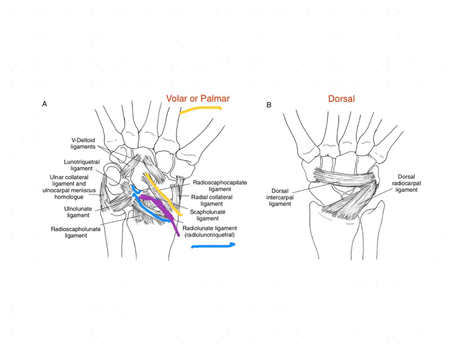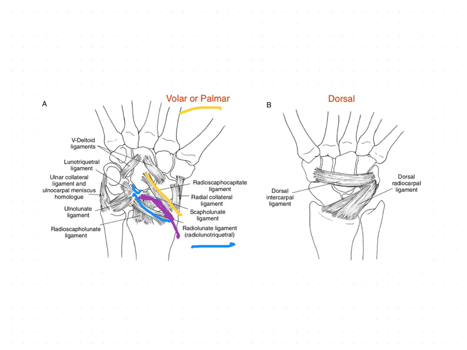Current research also reveals that the structure offers little support to the joint but acts as a channel for neurovascularity to the scapholunate joint.